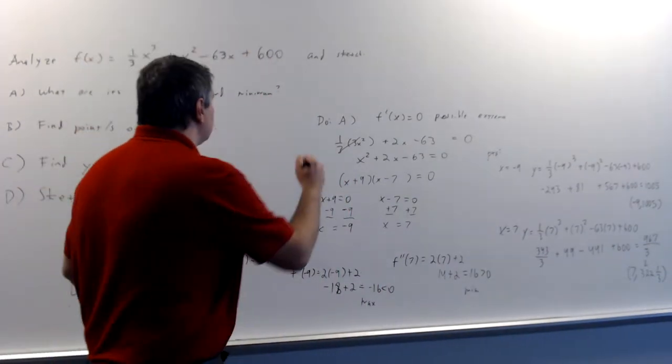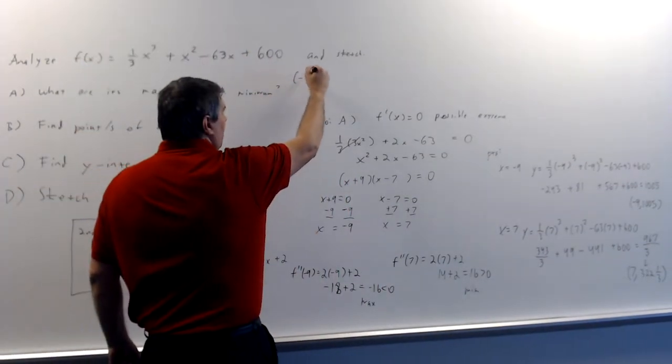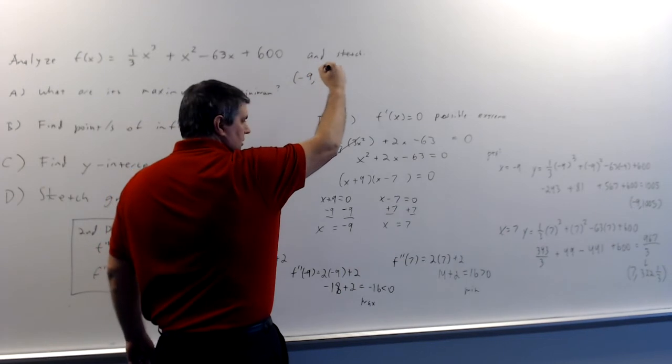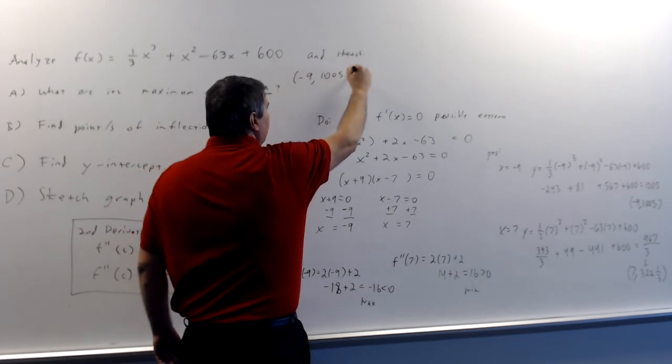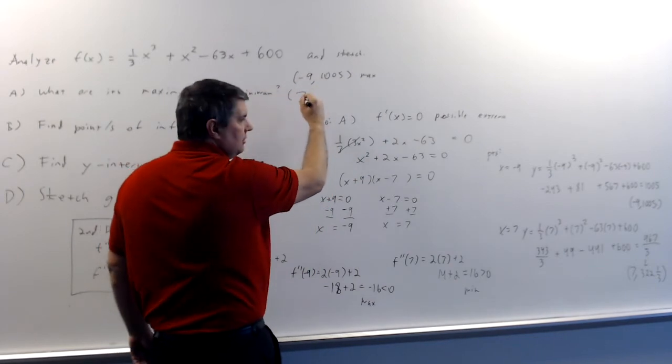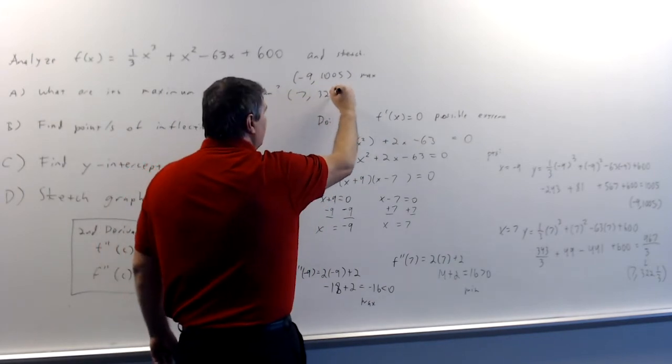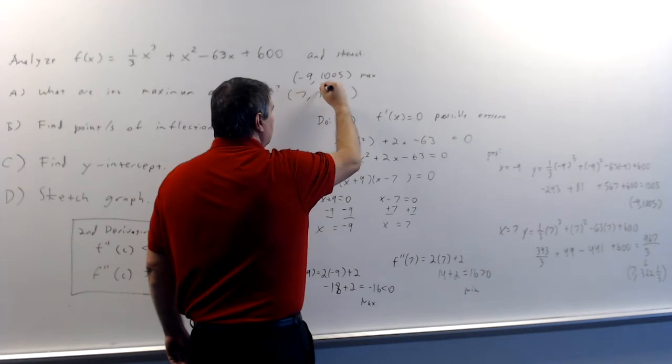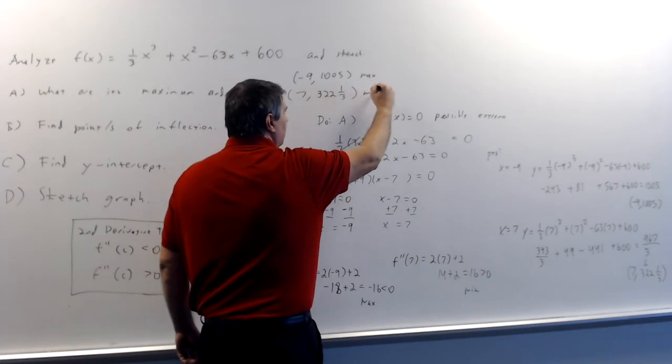So the points were negative 9, 1,005, that was our max, and 7, 322 and 1/3, that's our min.